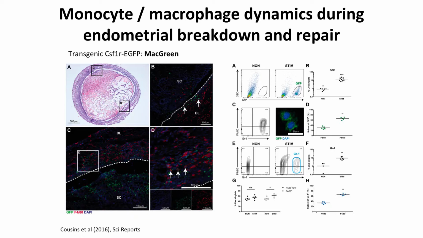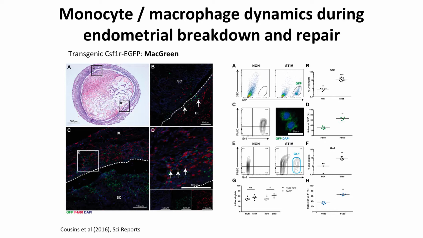Sorry, this was all produced using the mat-green mice. So these mice have macrophages labelled with green fluorescent protein. And this is dual immunofluorescence for GFP. So this is marking any of the cells that express the CSF1 receptor. And the red is F480, which is a marker of activated macrophages.